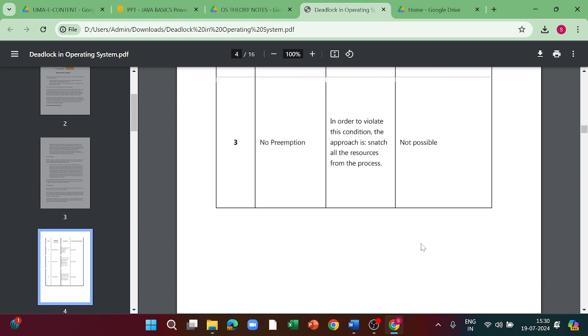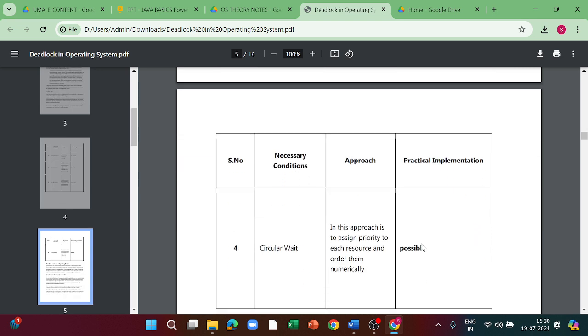And circular wait is only possible if the priority is higher, then the resources for that process will be applicable, and this is the only practical implementation condition. So these are the four main conditions of deadlock.